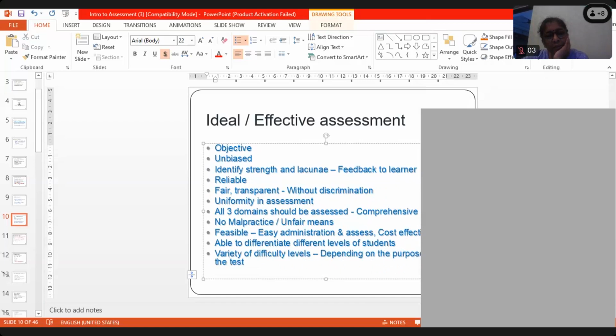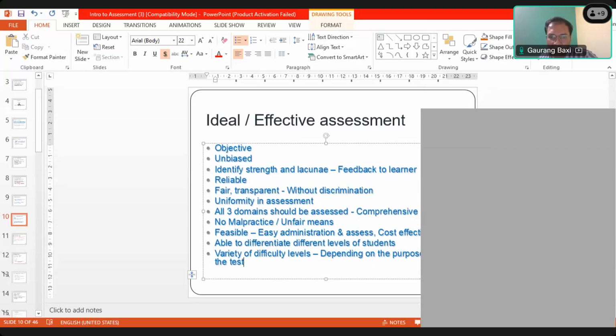Okay, and that would also depend on what is the purpose of a test. If your assessment is a formative or internal assessment where the idea is to give them feedback, then the difficulty level can be low or moderate. But if your purpose is to select students, say for an entrance exam, then the difficulty level should be high.